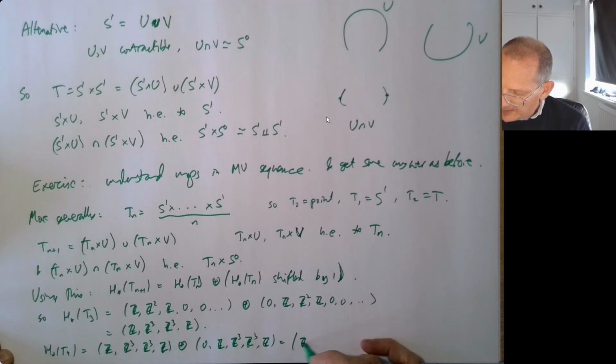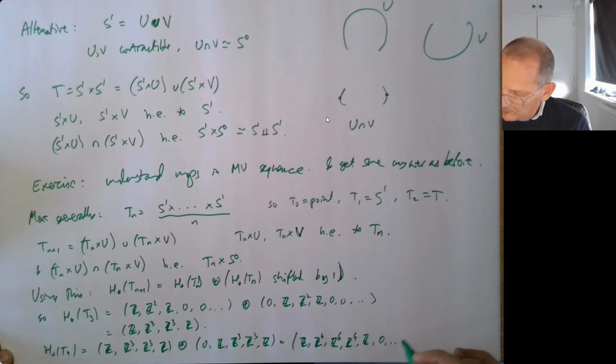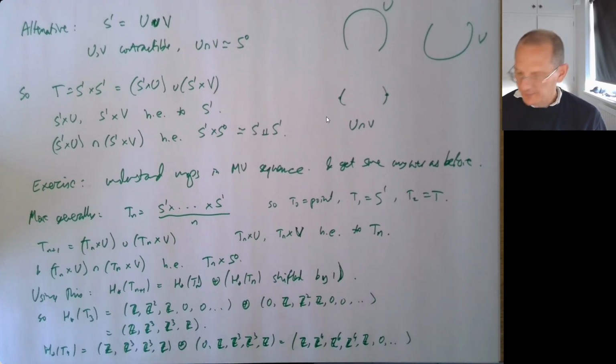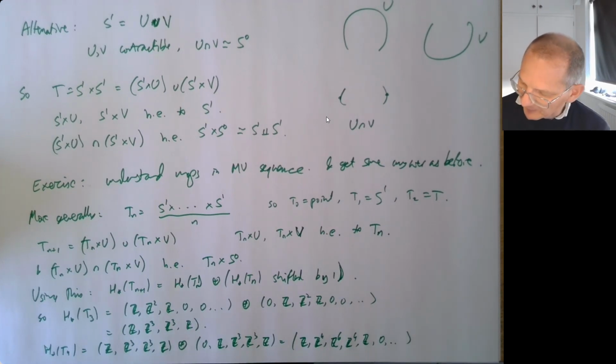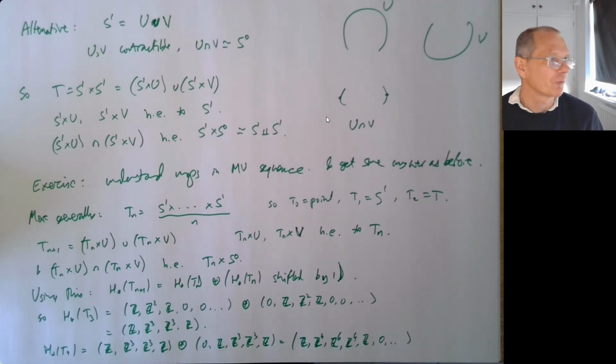Okay, so you get Z to the 4, Z to the 6, Z to the 4, Z. And you should be recognizing this, hopefully, as being binomial coefficients. So you get 1, 2, 1 there, and then 1, 3, 3, 1, then 1, 4, 6, 4, 1. These are all binomial coefficients.